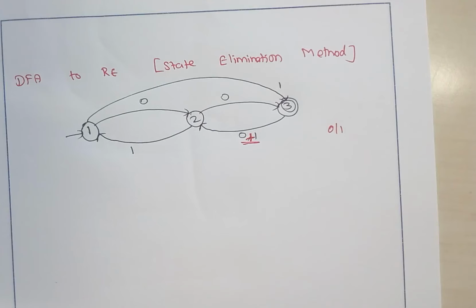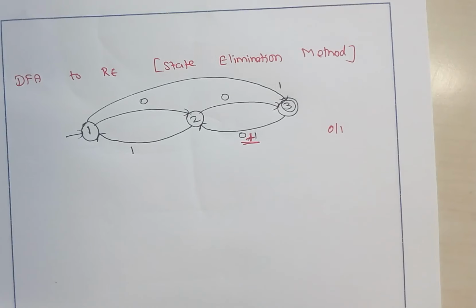When there is a possibility of this, we have to remove the effect of eliminating 2. When you eliminate the state 2, you have the state 1 and state 3. The remaining states will be 1 and 3 alone.